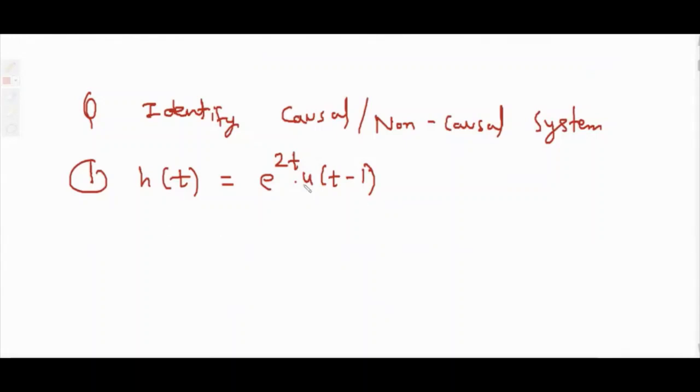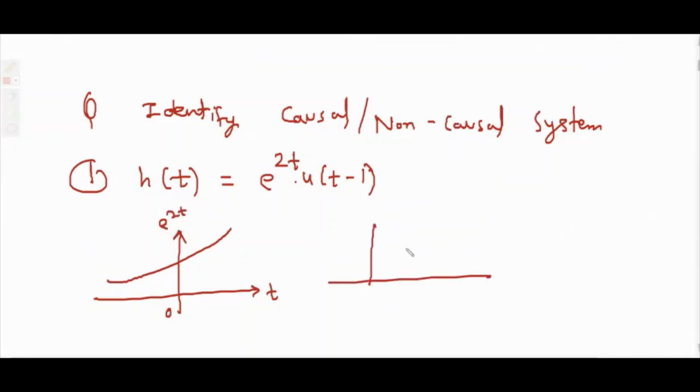So e raised to 2t is an increasing exponential signal. This is the graph of e raised to 2t, an increasing exponential signal. Then u of t minus 1: this is the sketch of u of t minus 1.